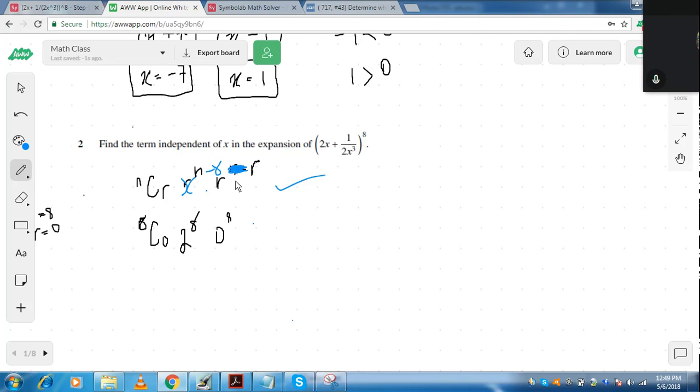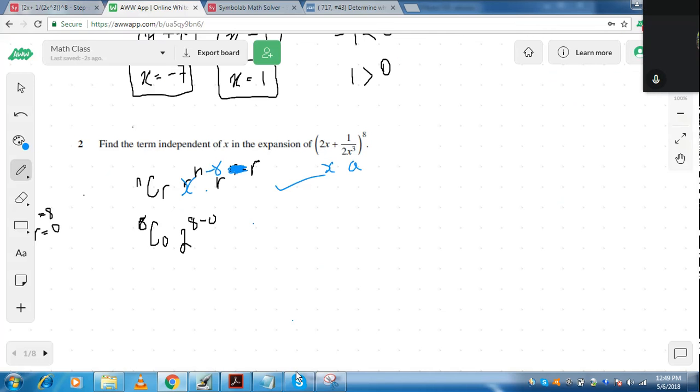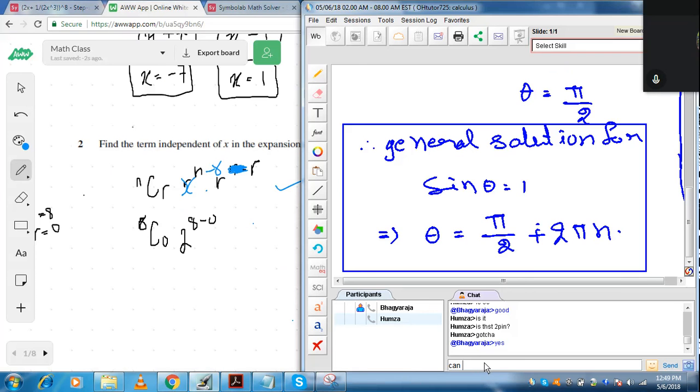Yes, same procedure. It's a big question actually. So next nC1, nC2, nC3, nC4. In the same way, we need to reach till 8. 8 terms we need to write.